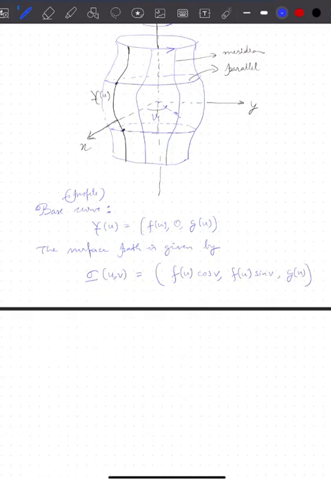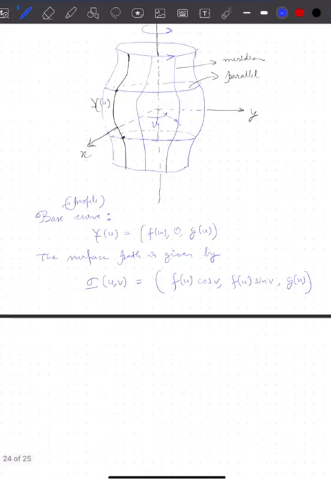So that's what it is. And we can construct anything, right? A circular cylinder, even a cone happens to be a surface of revolution, right?